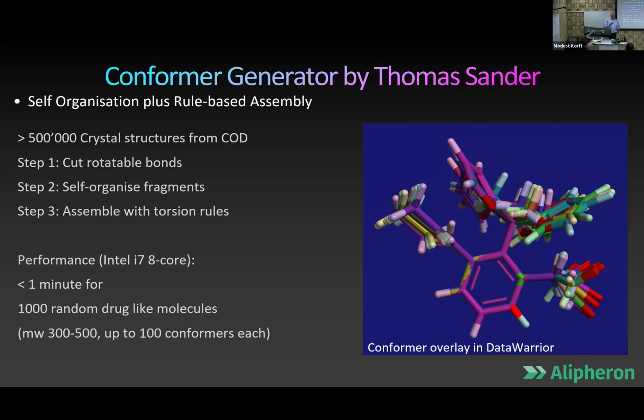The remaining fragments are then self-organized in 3 dimensions. And then these self-organized 3D fragments are reassembled with torsion rules. This algorithm is quite fast. We can create more than 1,000 random drug-like molecules in less than 1 minute.